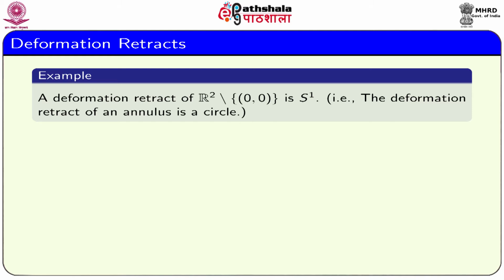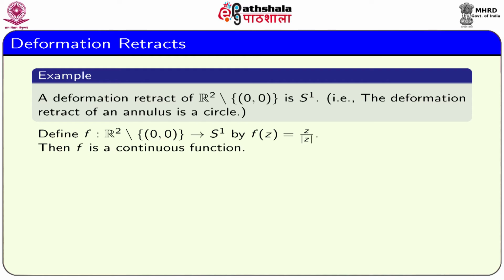Now, we see one example of a deformation retract. Suppose we take the punctured plane R2 minus 0 and we take the unit circle S1. We define a map F from R2 minus 0 to S1 given by F(z) equal to z by mod z.